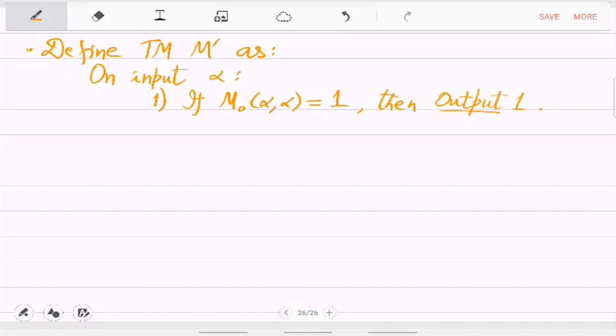So let's go back to the definition of M0. M0 is a Turing machine, an algorithm that decides halt, right. So when will M0 on alpha, alpha be 1? Only when, in fact, if and only if M alpha halts on alpha.